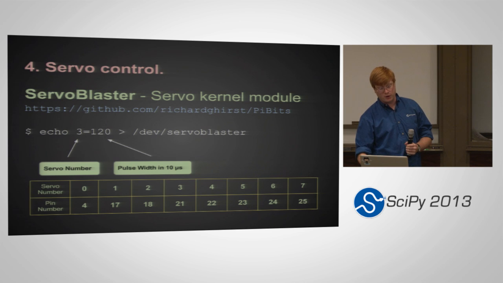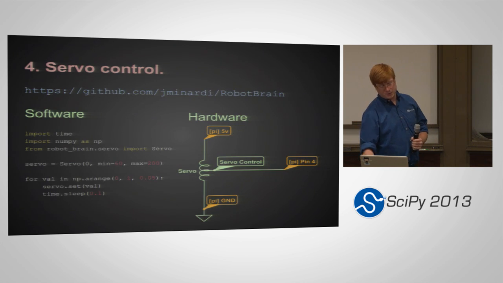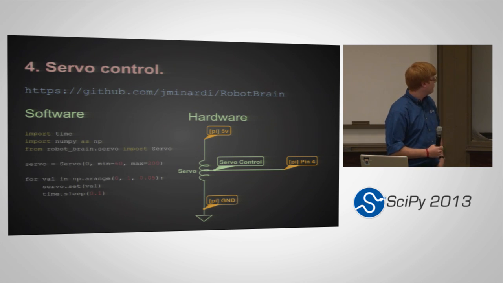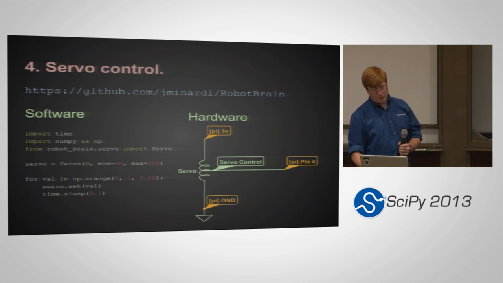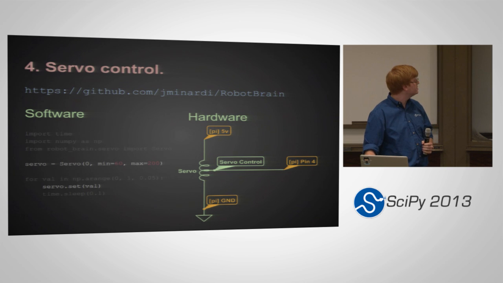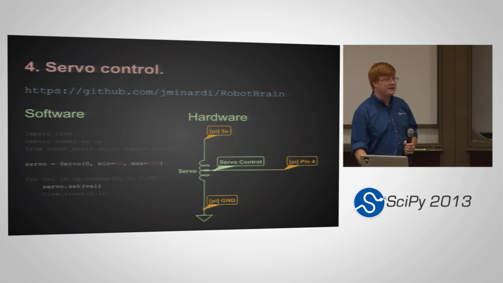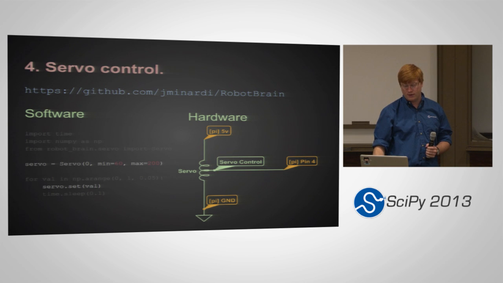You write basically the servo number and the value. Then if you connect up a servo like this and use a library that I wrote called Robot Brain that provides a basic object-oriented layer around servo control, it allows you just to instantiate a servo on a given pin and then set the value between 0 and 1, if you give it the min and max positions when you instantiate it.